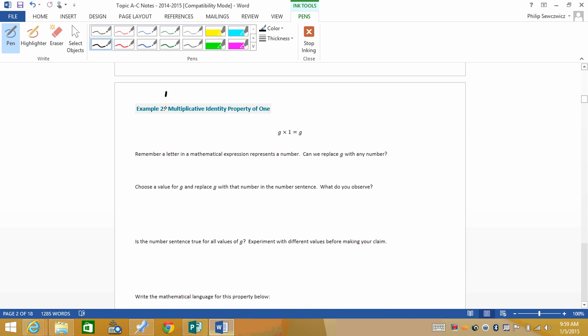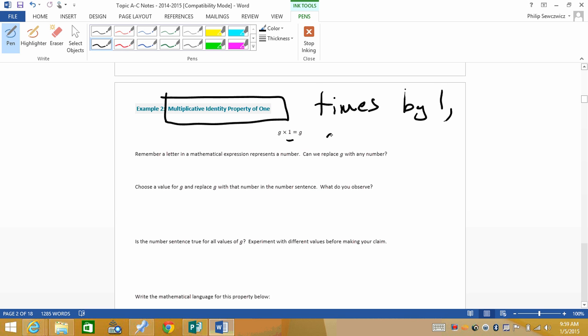Just like your next property, this is our multiplicative identity property. Which means if you multiply something by 1, it's not going to change. We just give fancy words for it. It always happens in math, because it's always true, again, except for 0.